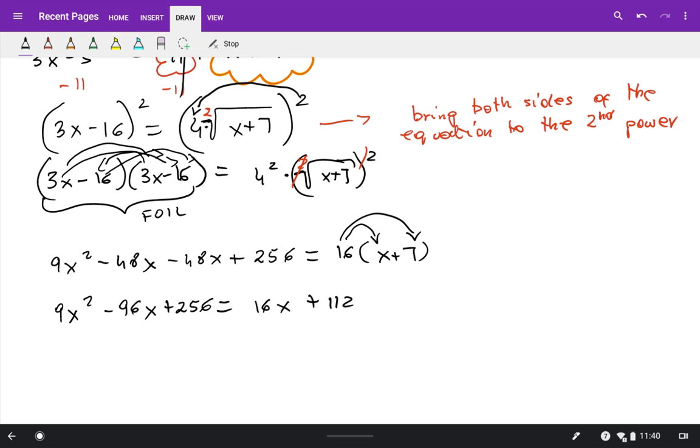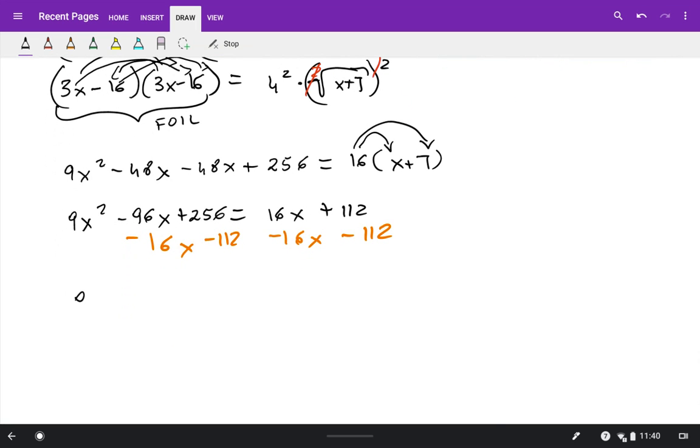Okay, quadratic equation again. To solve a quadratic equation, we have to have a 0 on the right side. So I'm going to subtract 16x from both sides, and subtract 112 from both sides.